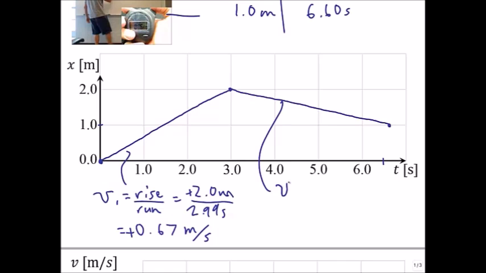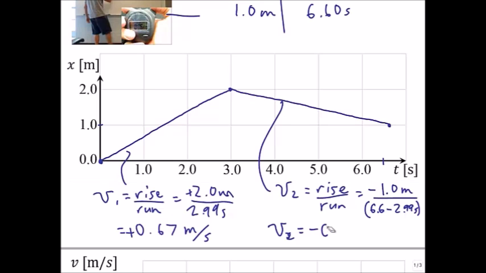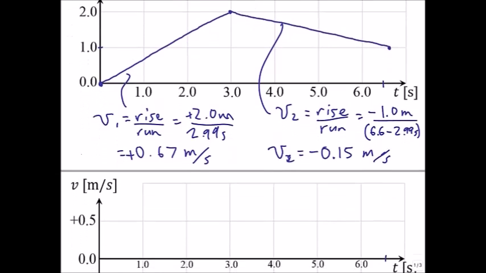Over here, V2, again rise over run, the rise now is negative, it's gone down by 1 meter, divided by the time, which is now 6.6 minus 2.99 seconds. Plugging all that into my calculator, for V2 I get negative 0.15 meters per second.